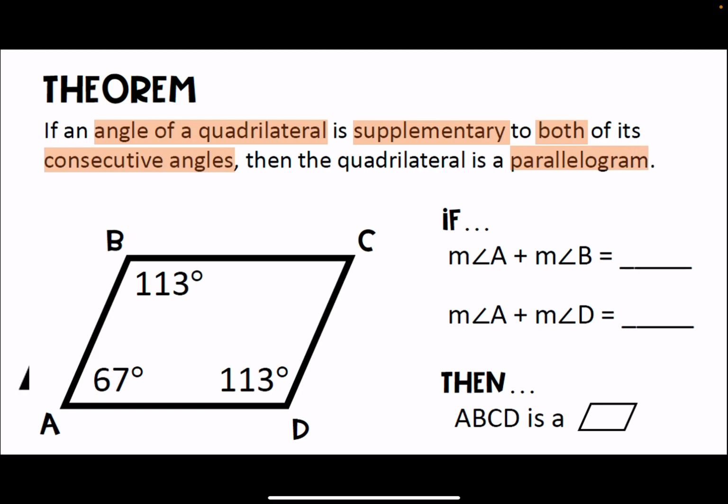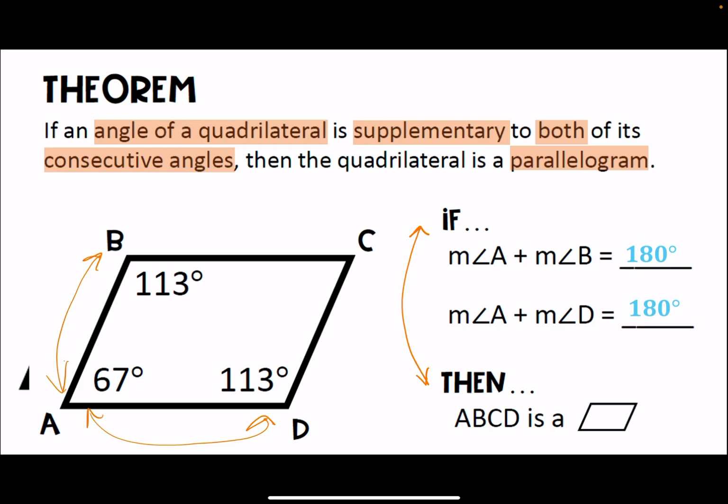All right, and the converse for this one also holds true. All right, so if the measure of angle A plus the measure of angle B is 180, the measure of angle A and the measure of angle D is 180. Then ABCD is going to be a parallelogram.